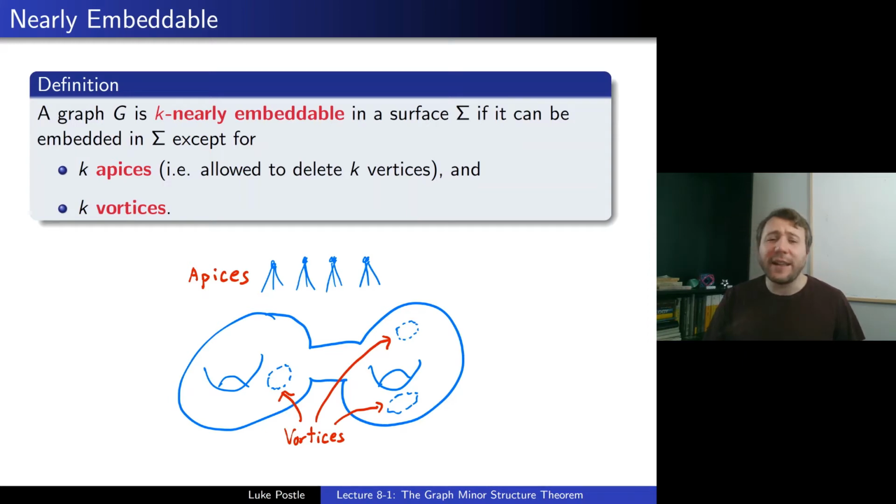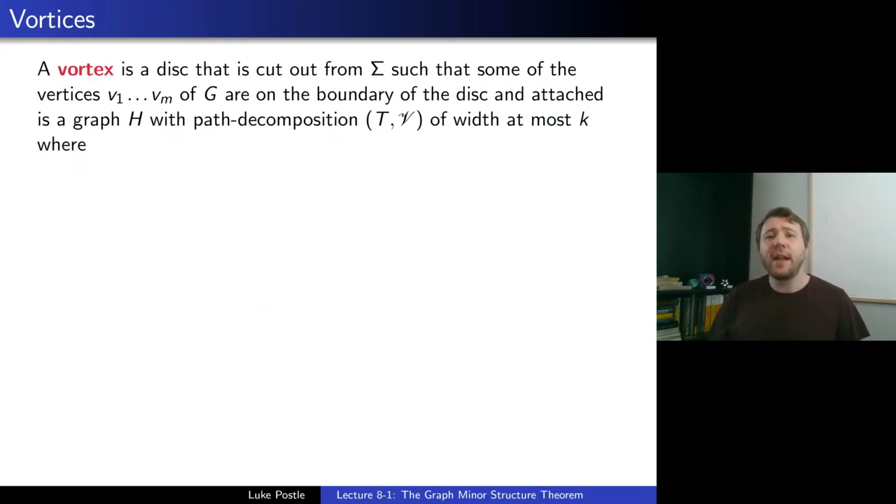So that'll be fine. And then we have these strange things called vortices. So what's a vortex? It's a disk in the surface that's cut out from the surface, such that some of the vertices, v1 to vm of G, are on the boundary of the disk, and attached is a graph H with a path decomposition, that's T_V there, of width at most k. Here's where path decompositions are coming in, but they're going to respect somehow the embedding of the disk.